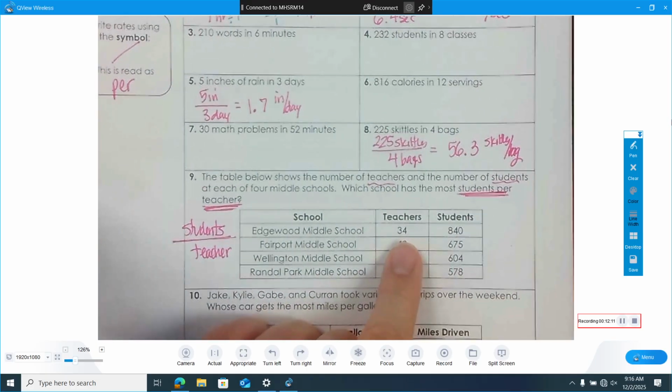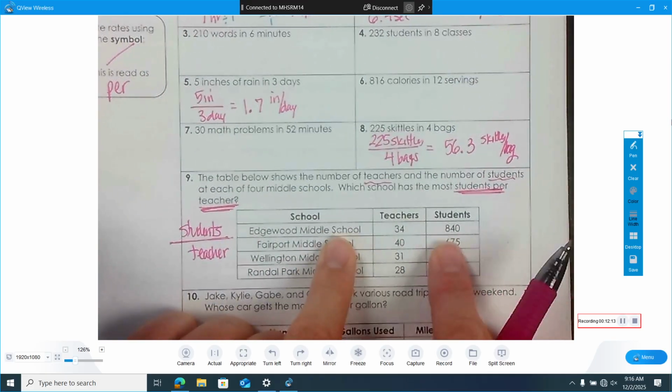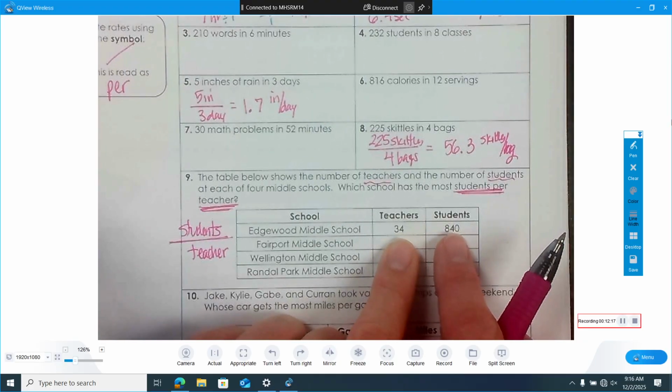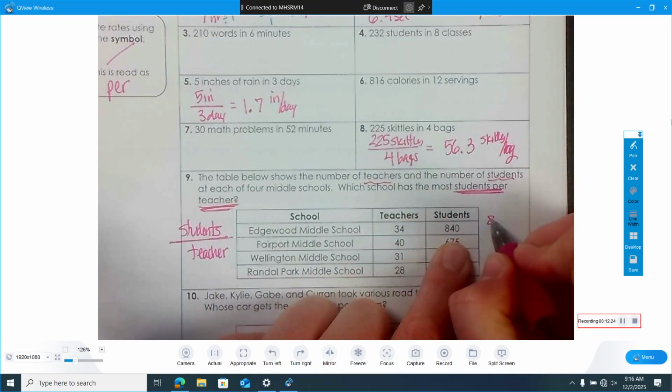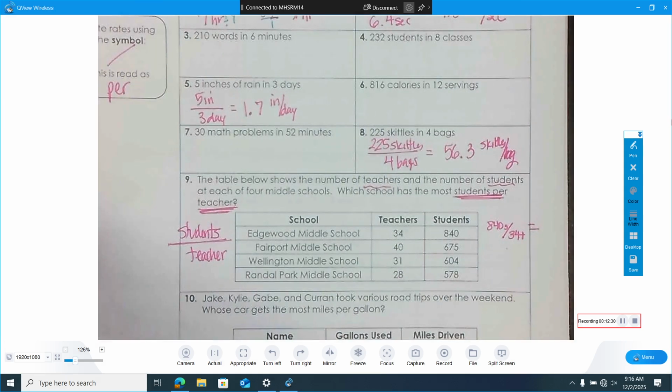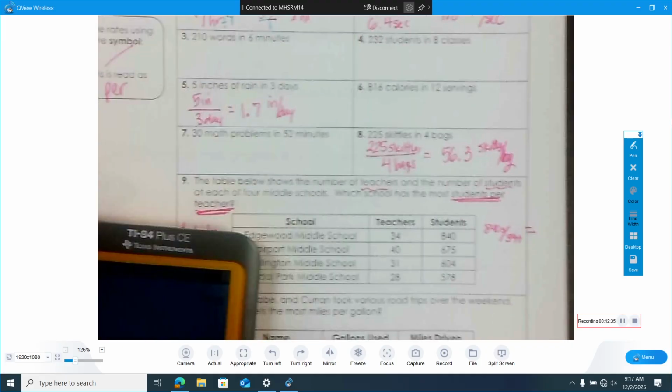And so when we look at our information here, I want to figure out how many students there are for every single teacher. How do I divide these two numbers for Edgewood Middle School? Yeah, it should be 840 students per 34 teachers, and that's going to give me my unit rate, my rate per teacher.